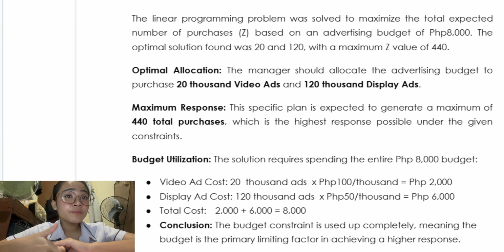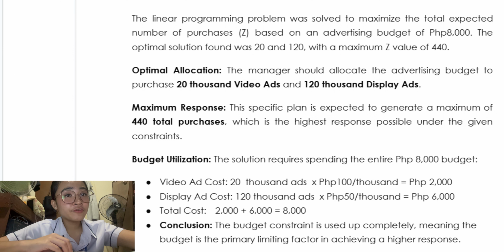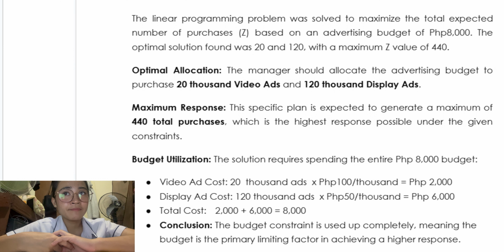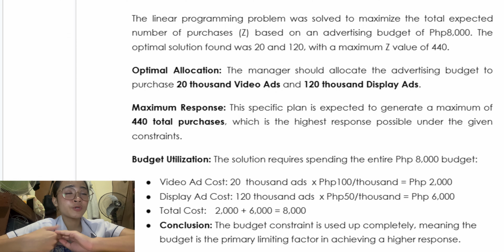So, the linear programming problem was solved to maximize the total expected number of purchases based on an advertising budget of 8,000. The optimal solution found was 20 and 120 with a maximum z value of 440. So the manager should allocate the advertising budget to purchase 20,000 video ads and 120,000 display ads.